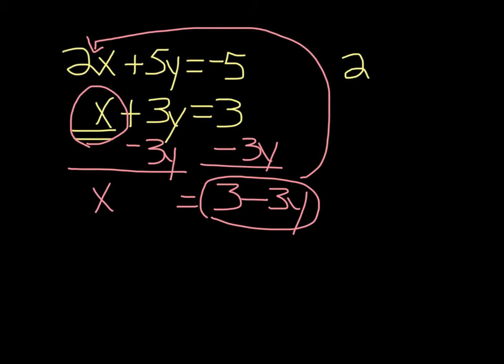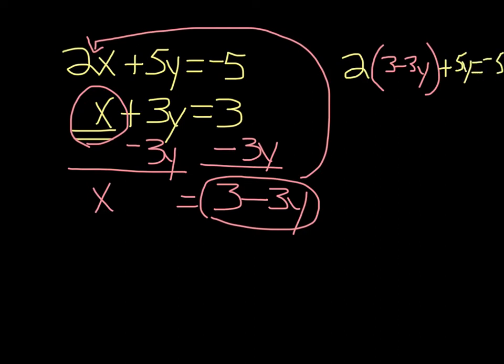2 times x. What is x? Well, we just found out that x is 3 minus 3y. So we're putting 3 minus 3y in for x in the other equation, plus 5y equals negative 5.